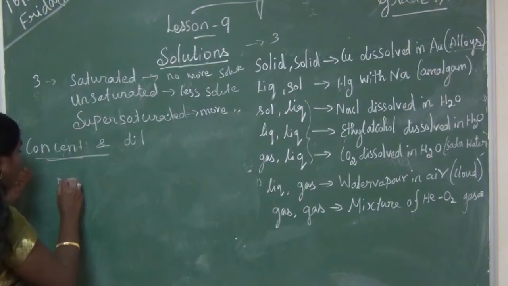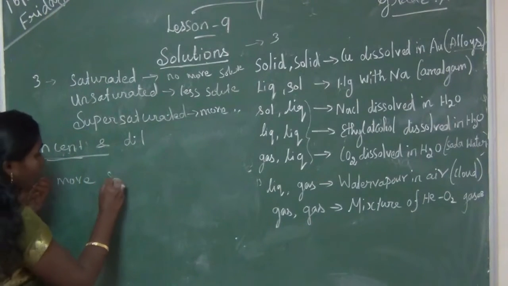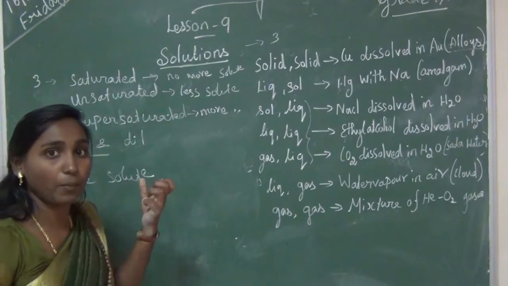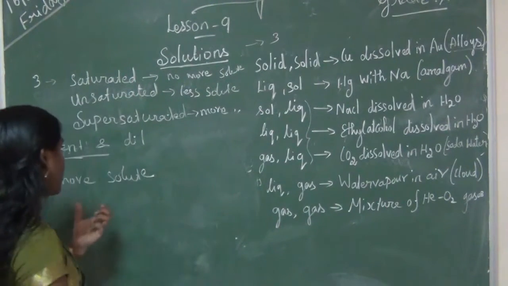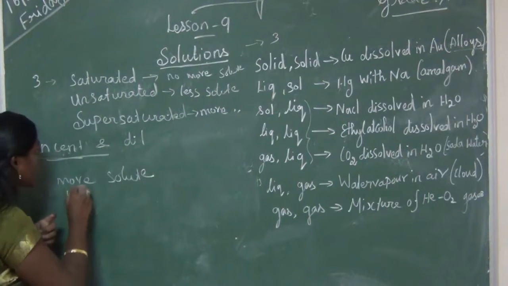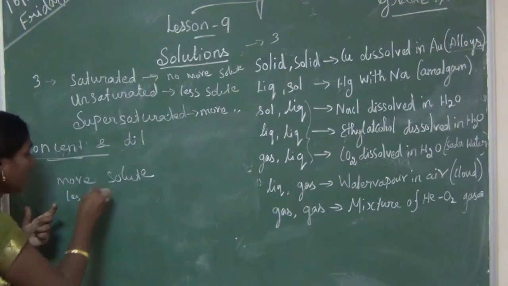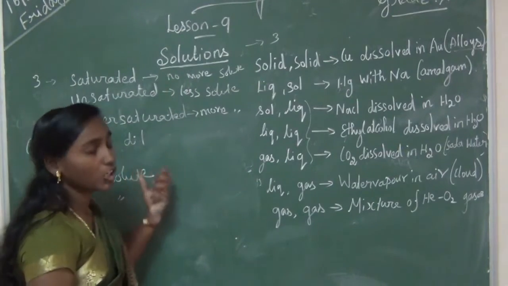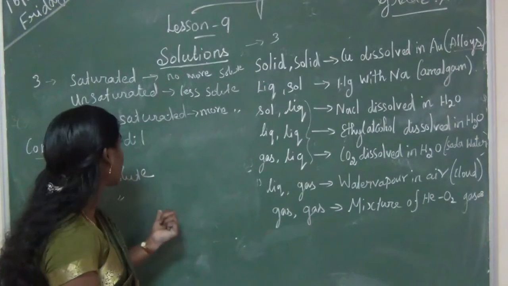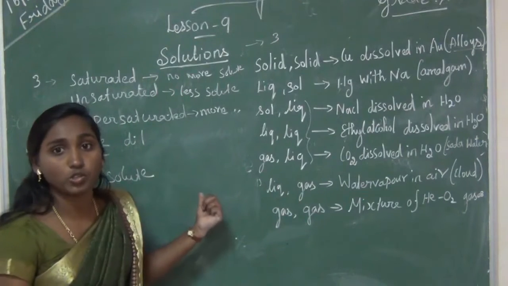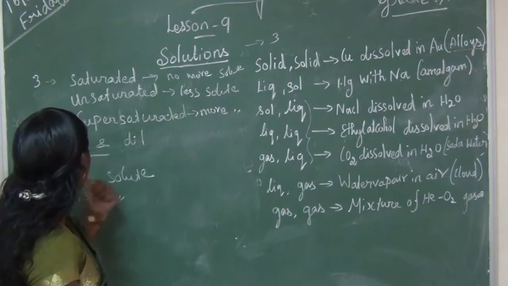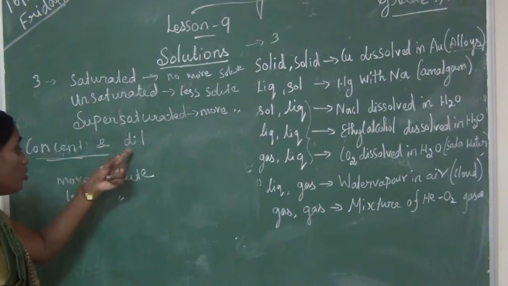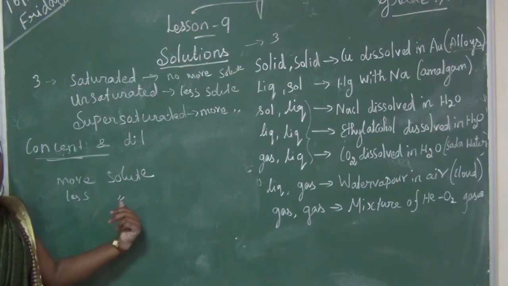More amount of solute added to a particular amount of solvent is concentrated. Less amount of solute added to a particular amount of solvent is called a dilute solution. Have you understood the difference? Concentrated means we are adding more solute, dilute solution means we are adding less solute.